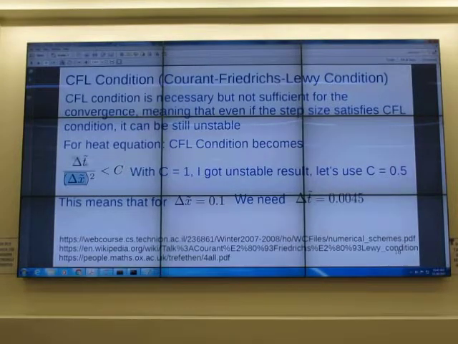So delta t has to be less than 0.01, right? Dimensionless delta in time, and dimensionless delta x squared. That's a relationship. If you don't do this, the answer is not stable.